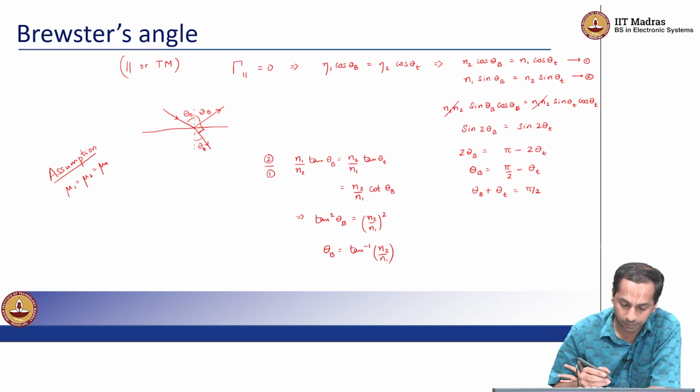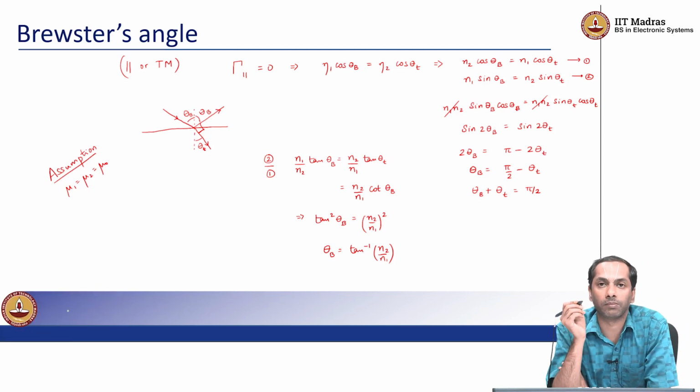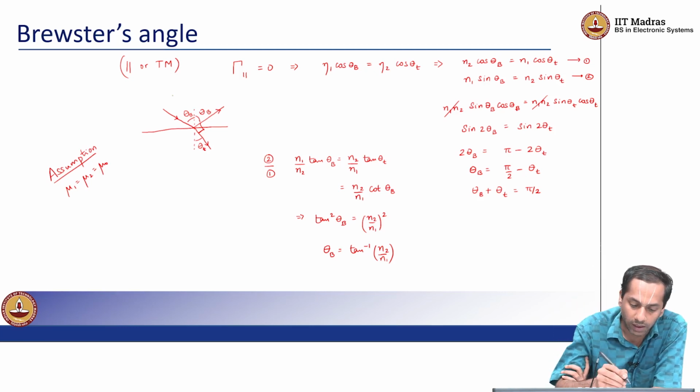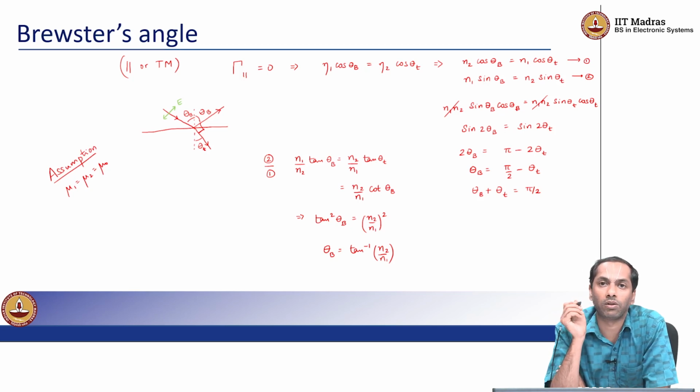Okay. So remember that for pure dielectrics, which is what we were discussing, we are looking at the parallel polarization, which is where the electric field is oriented this way. So we have a linear polarization where the electric field is essentially in the plane of incidence, this way.